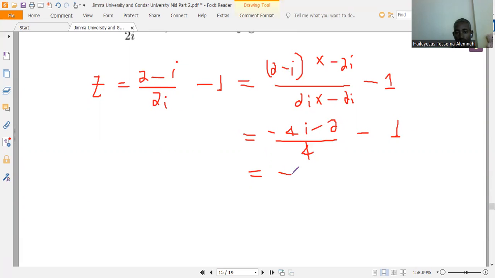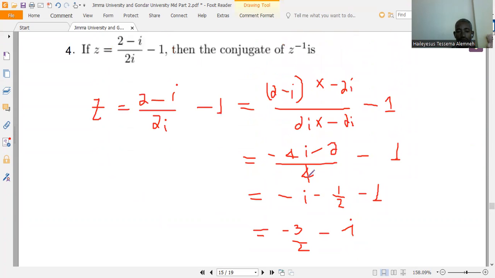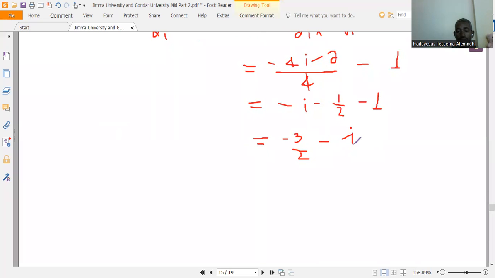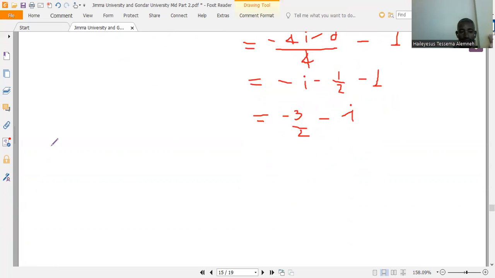Dividing by 4, we get minus 3 over 2 minus i. So z is minus 3 over 2 minus i. Then what is z inverse?